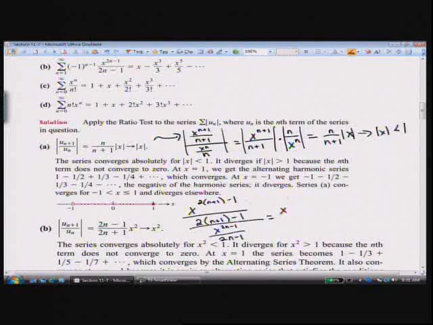So this is going to be x to the 2n plus 2 minus 1, so that's plus 1 over 2n plus 2 minus 1, which is plus 1 again, times x to the 2n minus 1, I'm flipping it, and then x to the 2n. Okay? So you'll have x to the 2n times x to the 2n times x to the negative 1. So your x to the 2n's are going to cancel, and you're going to end up with an x squared there. Does everybody see that?